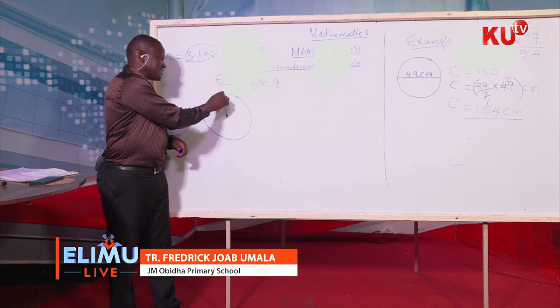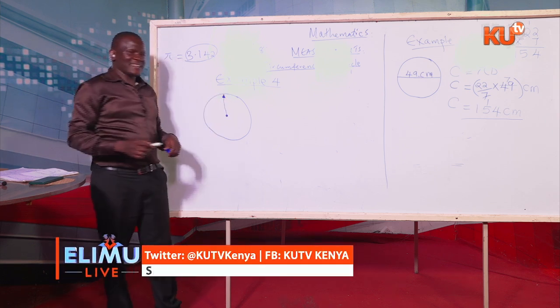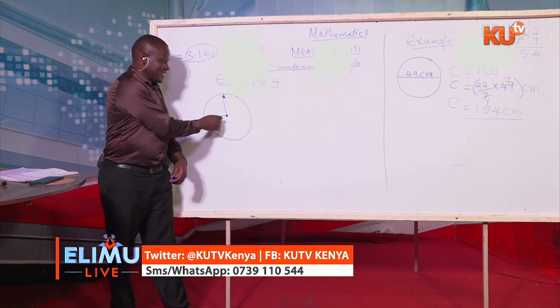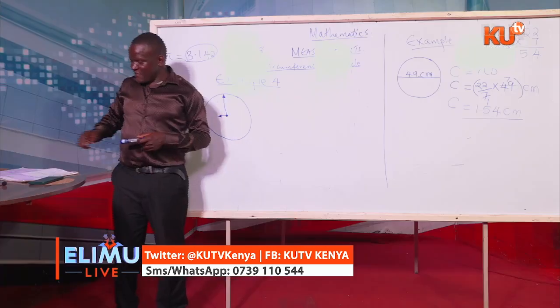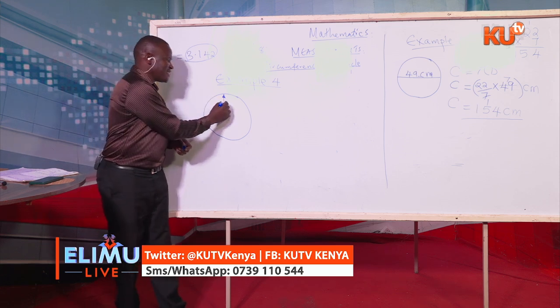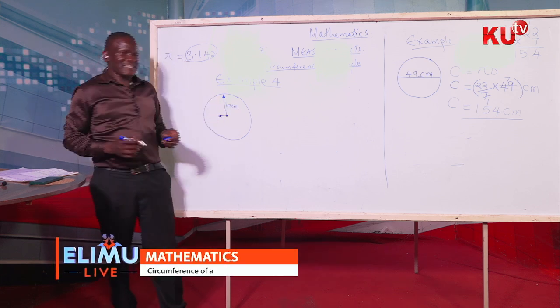And our minute hand is usually longer than the hour hand. They are saying the length of the minute hand of a wall clock is 7.7 centimeters.